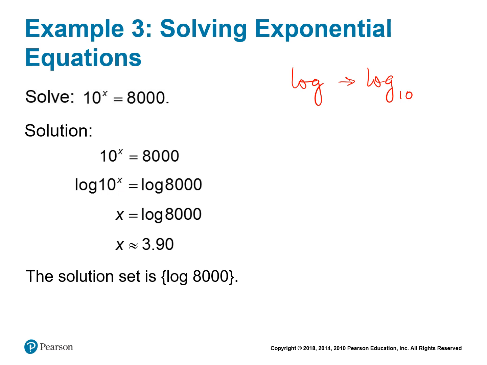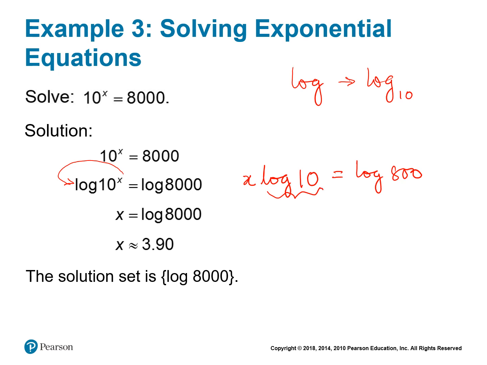First, they used the power rule to expand log of 10 to the power x. And when you expand this using the power rule, you get x times log of 10. So this x gets multiplied with log 10, right? So we have x log 10 equals log of 8,000, all right? And log of 10 resolves to a 1.